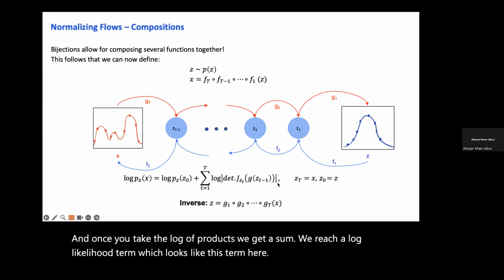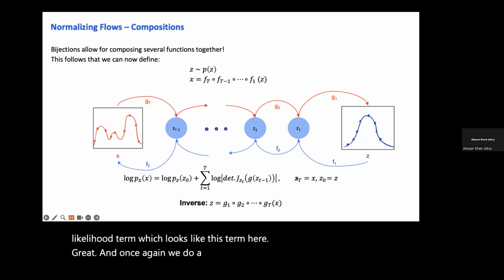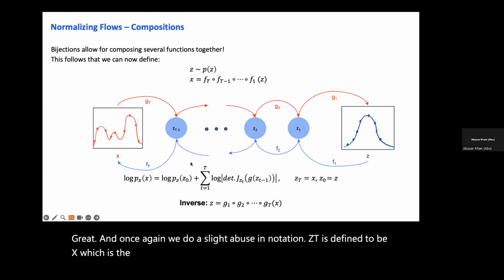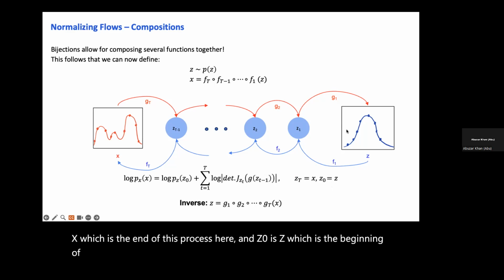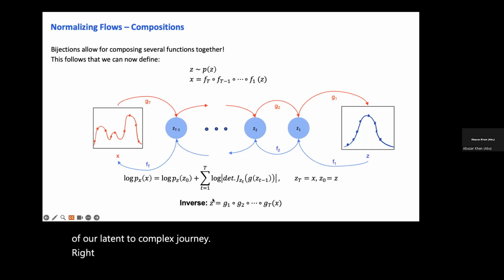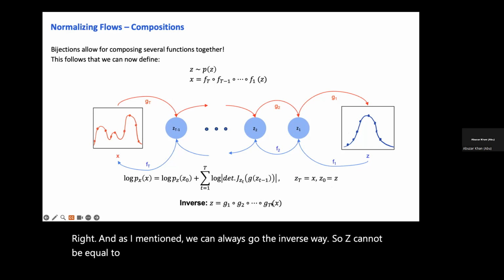Once again, we do a slight abuse of notation: Z_T is defined to be X, which is the end of this process here, and Z_0 is Z, which is the beginning of our latent to complex journey. And as I mentioned, we can always go the inverse way. So Z can now be equal to G_1 all the way to G_T of X, which is our initial data.